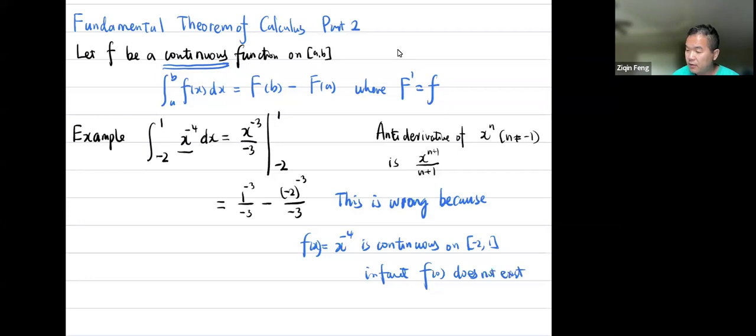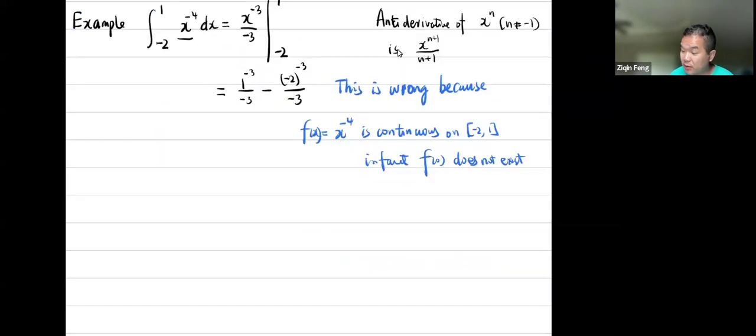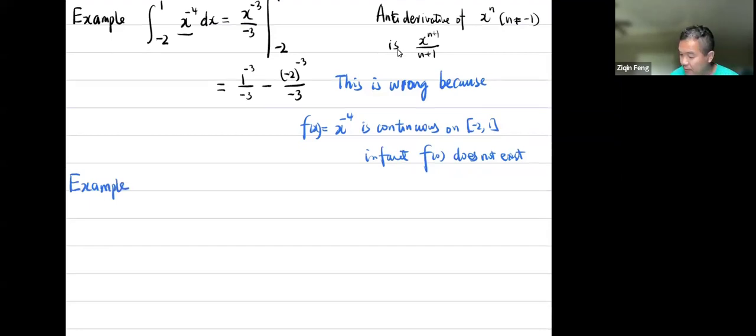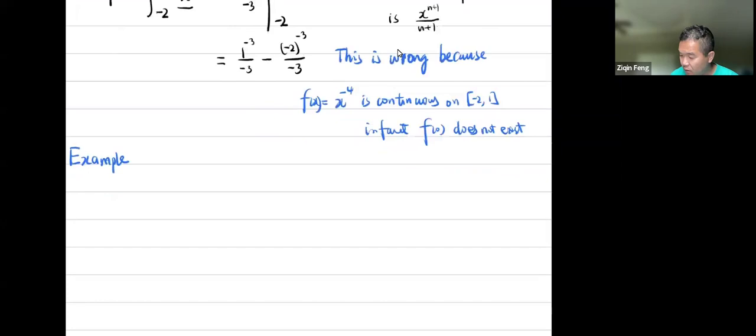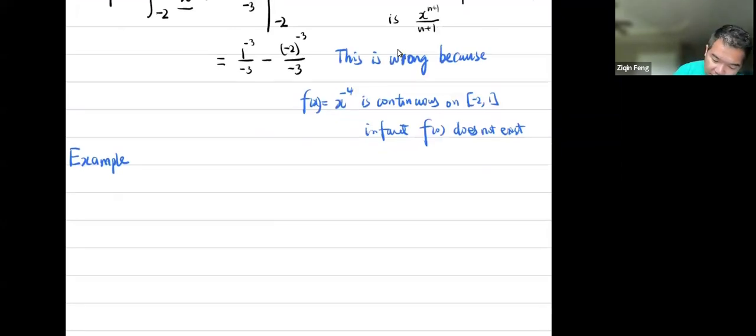And so then let's try to do some examples where the assumptions are satisfied, where the function is continuous. Let's see this one: integration from 1 to 18 of square root 3 over square root z dz. Let's try to figure out what this is.